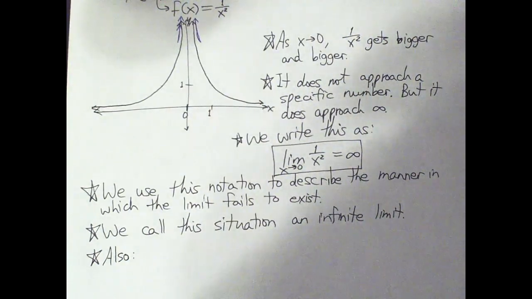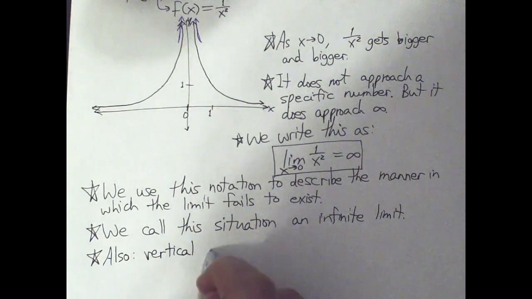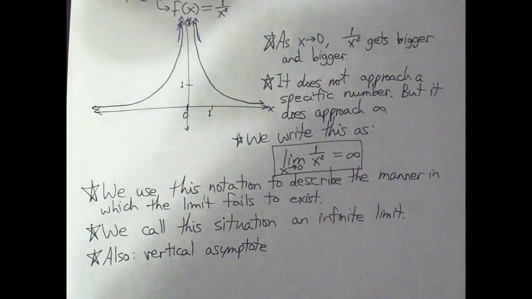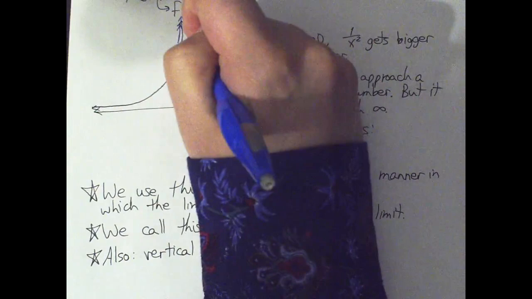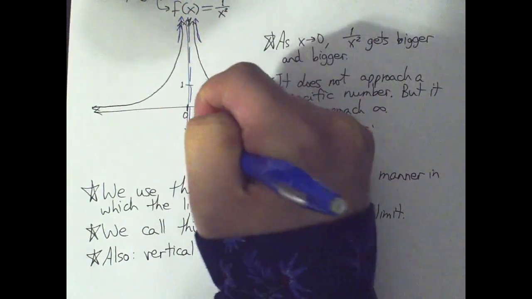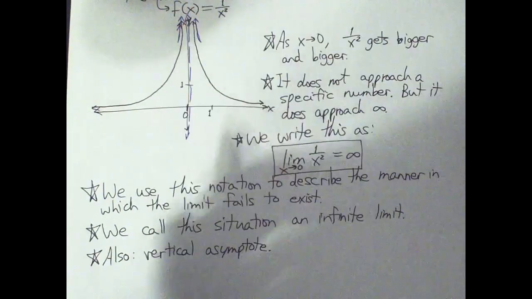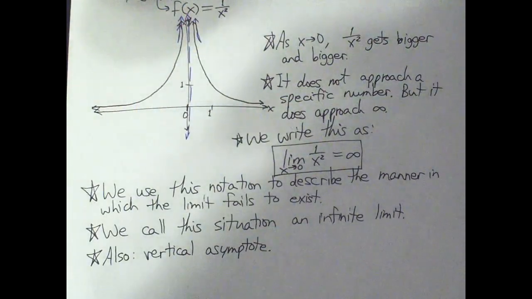This situation is also known as a vertical asymptote. It's a vertical asymptote on the graph. So sometimes we indicate that with a dashed line. There is a vertical asymptote here on the y-axis that the graph is approaching, and it approaches that dashed line, but it never quite touches it.